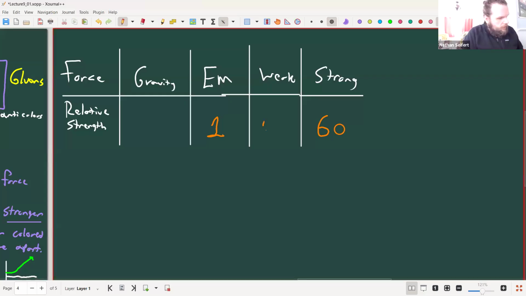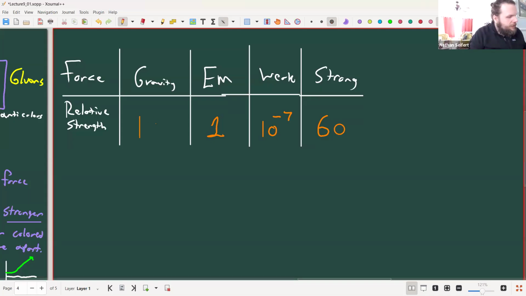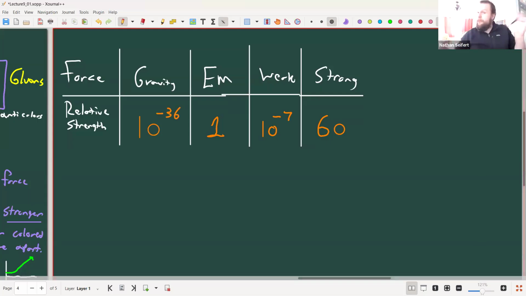The weak force is about 10 to the 7, 10 million times weaker. And gravity is 10 to the minus 36 times weaker. This is why we don't ever think about gravity in chemistry, because it's entirely irrelevant.